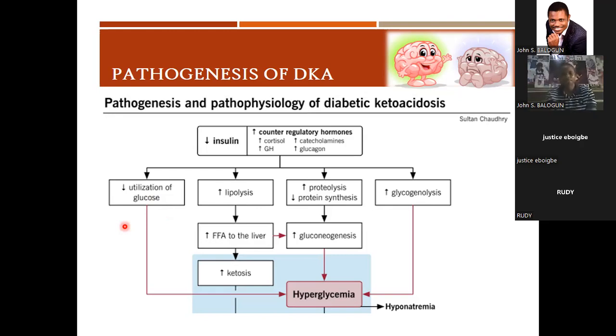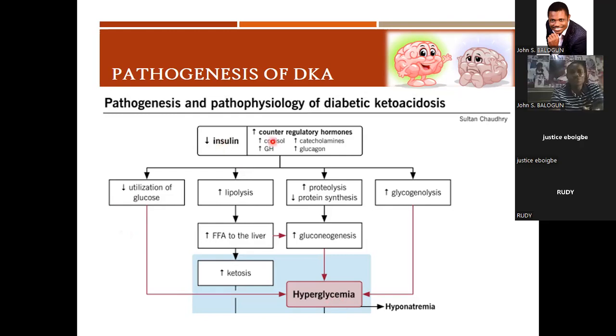Is that okay? So because of that reduction in insulin, there's reduction in utilization of glucose. And when glucose is not being used, there is hyperglycemia in the plasma. So now let's continue. With reduction in insulin, what happens?